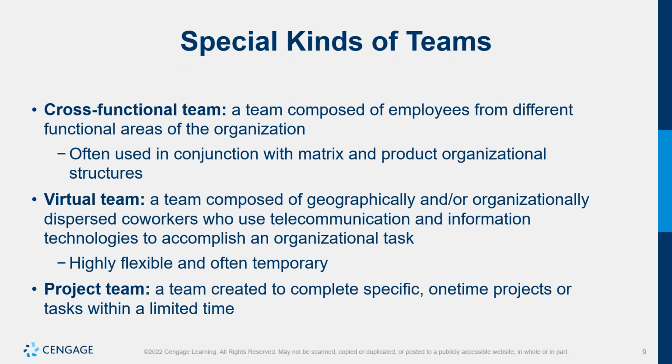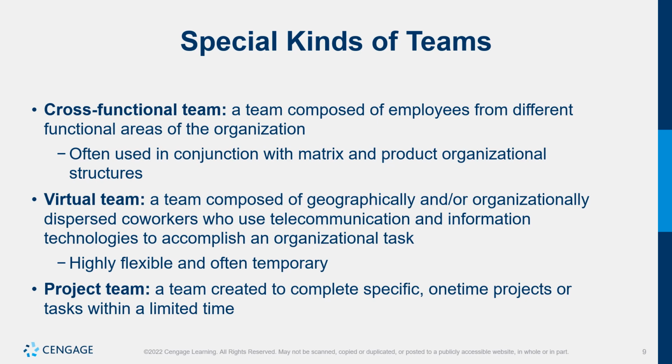Companies are increasingly using several other kinds of teams that can't easily be categorized in terms of autonomy. Depending on how these teams are designed, they can be either low or high autonomy teams. These include cross-functional teams, which are intentionally composed of employees from different functional areas of the organization.